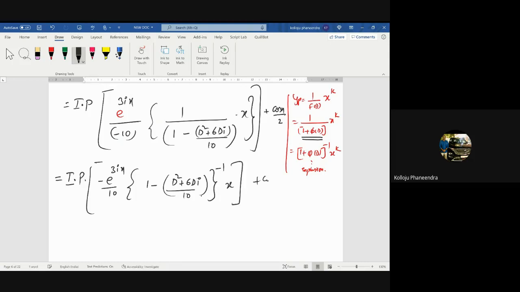This is over, plus cosine x by 2. And what is the formula here? I'm giving the 1 minus x whole power minus 1 formula: 1 plus x square plus x cube and so on. Here, what is this x? This x is this part. This is in the format of the 1 minus x whole power minus 1 formula.